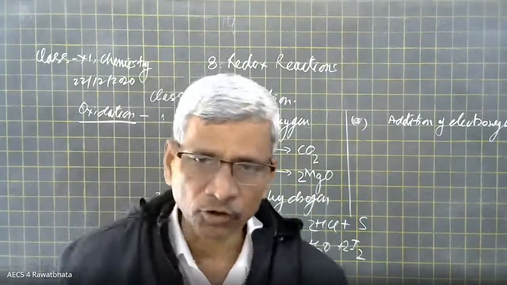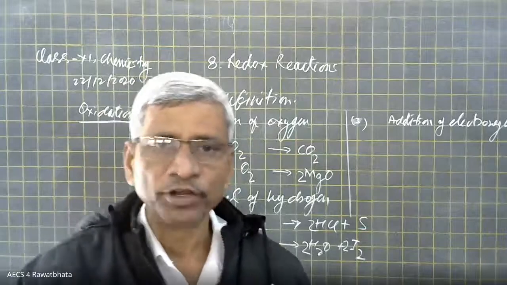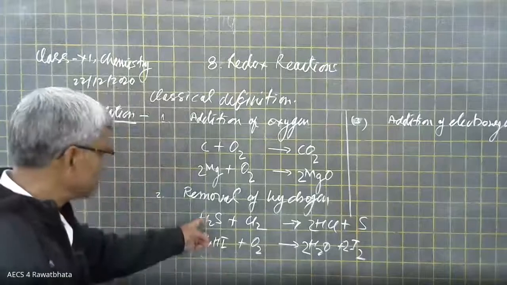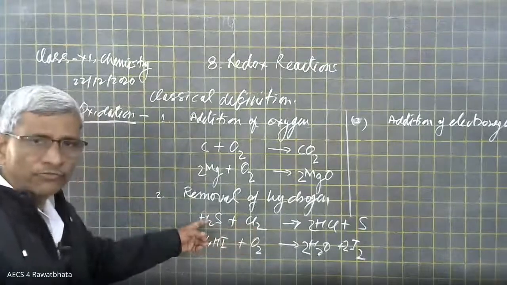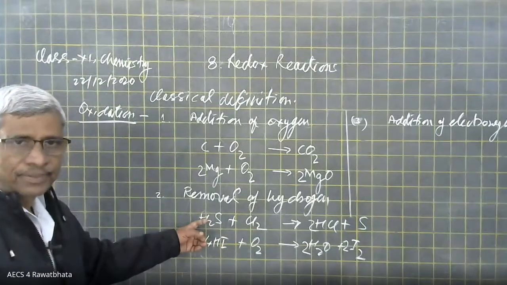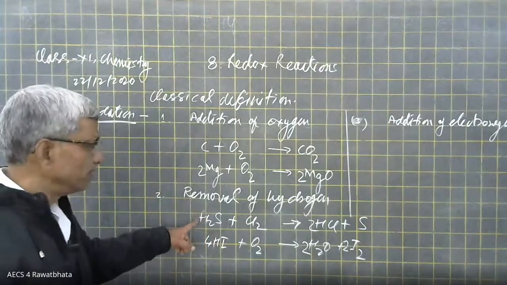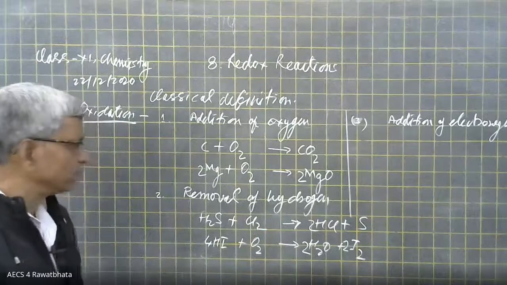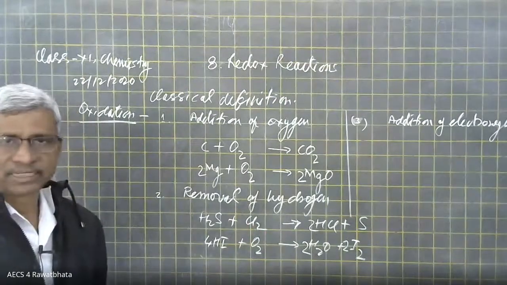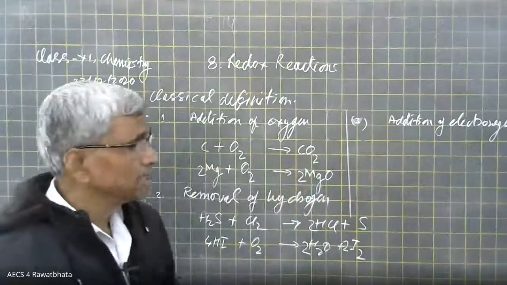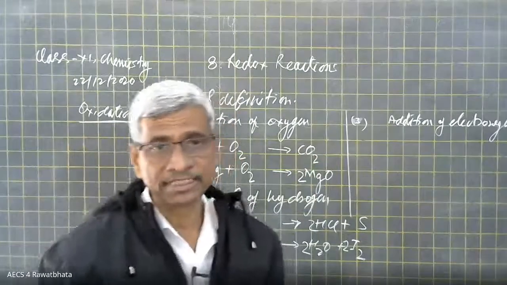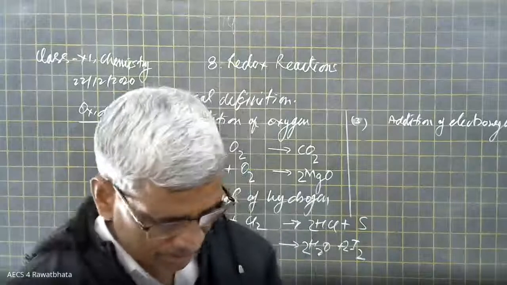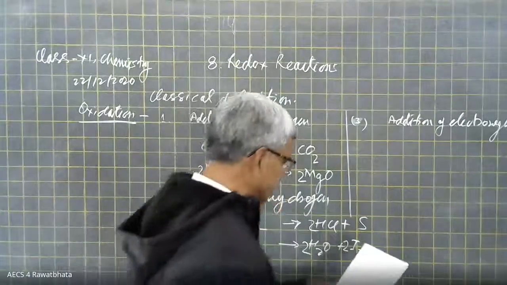If there is no involvement of oxygen, we have to go for another concept, whether hydrogen is involved in the process. In this equation, there is no involvement of any oxygen. So if you are going to decide which is going to oxidize and which is going to reduce, we have to consider hydrogen. That's why the second concept is given here. And for the third concept, there is no hydrogen, there is no oxygen, some other elements are there. Then how to decide? Its example is Fe plus S.